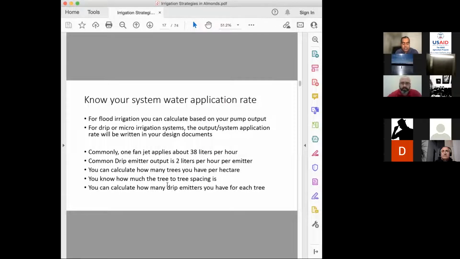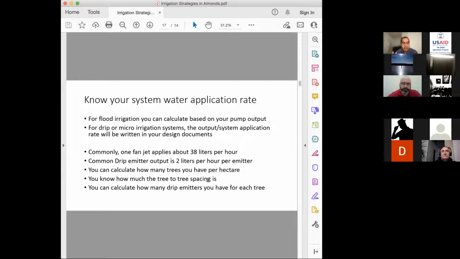The other thing to know is your water application rate of the system. Whatever system you have, you need to know how much water you can apply in 1 hour or in 1 day. For flood irrigation systems, you can calculate that water application rate based on your pump output.